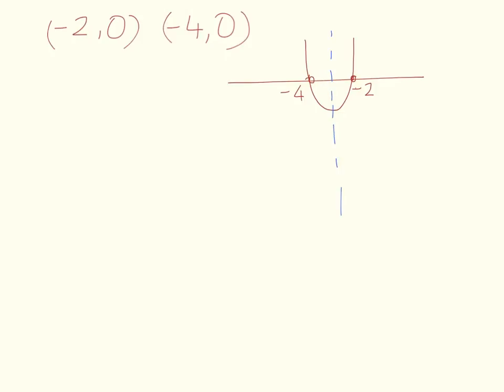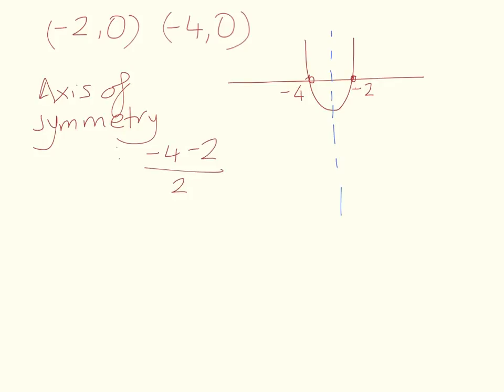Here it would be hopefully quite straightforward to see, but in general what you'll need to do is add together the 2 x coordinates and then divide by 2. So for your axis of symmetry, you'll be doing minus 4 plus minus 2, so that's minus 6, divided by 2, which is minus 3. So the axis of symmetry is x equals minus 3.